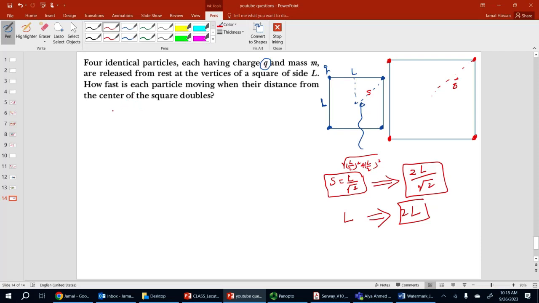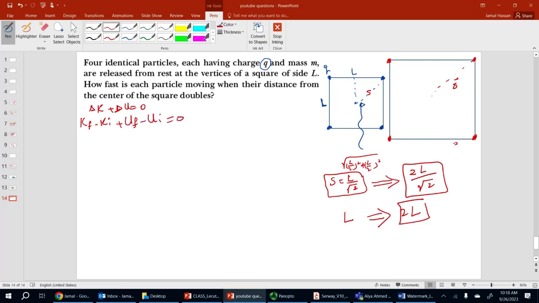So in this case, you have particles that start from rest and then they get faster. So maybe think about the conservation of energy. We say delta K plus delta U is equal to 0. Okay, so kinetic energy final minus kinetic energy initial, plus U final minus U initial, equals 0.